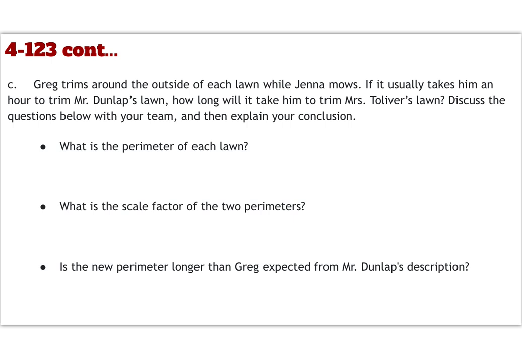You should have found the perimeter of Mrs. Tolliver's to be 288. We would have taken 90 plus 90 plus 54 plus 54 to get 288.